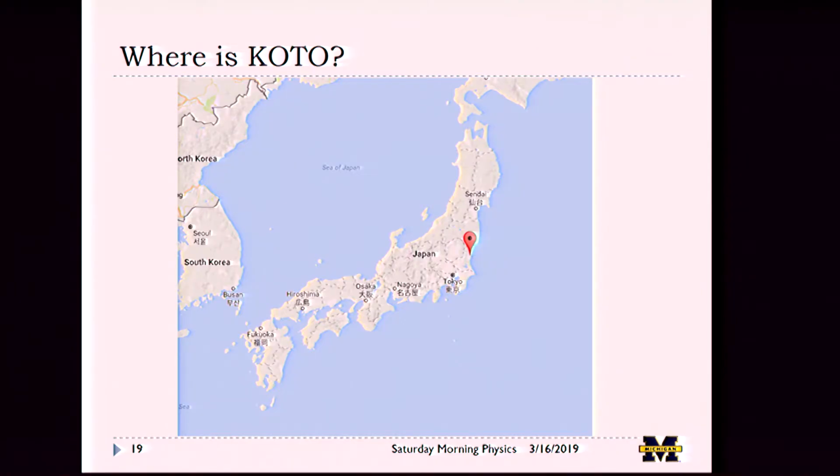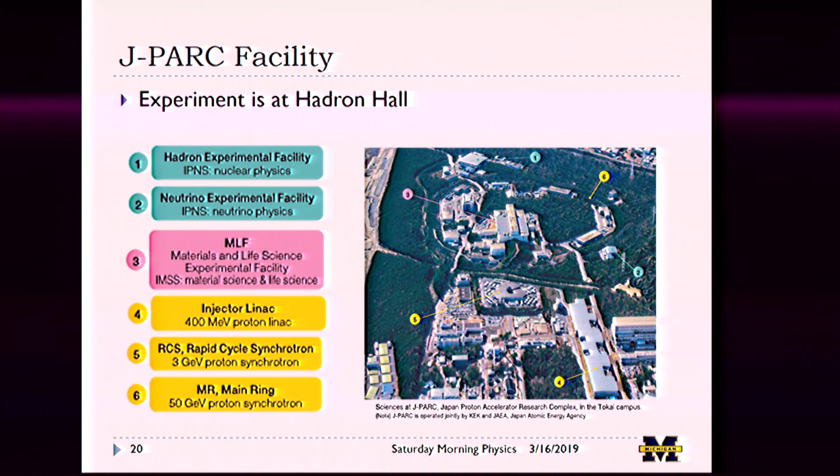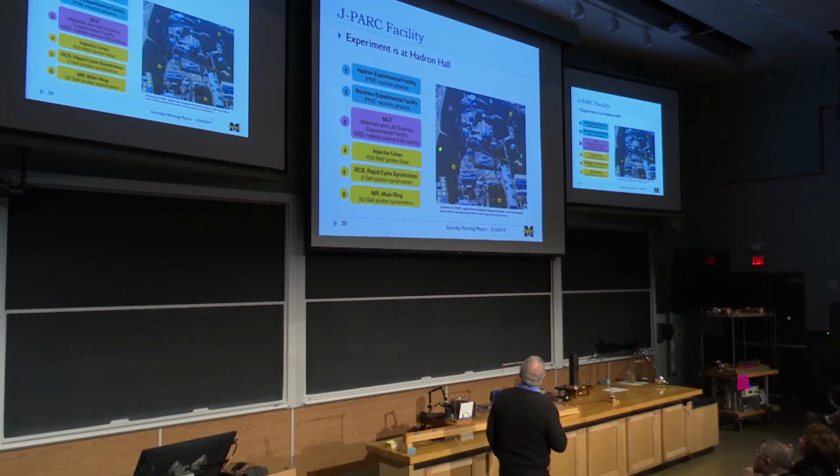So where is this experiment that is looking for this decay? It's here in Japan, at Tokai. And this is a picture of the Accelerator Campus. This is the beach along the Pacific Ocean here. And this is the first stage of acceleration, a LINAC.